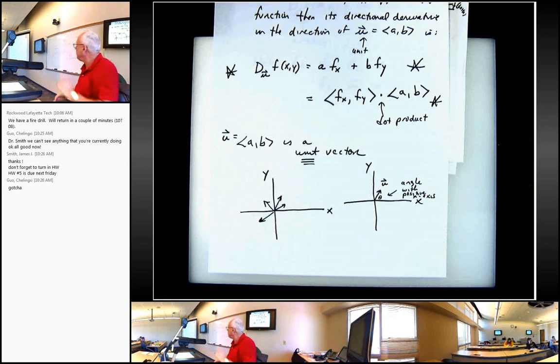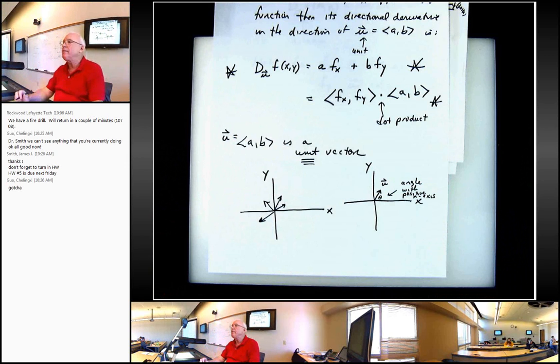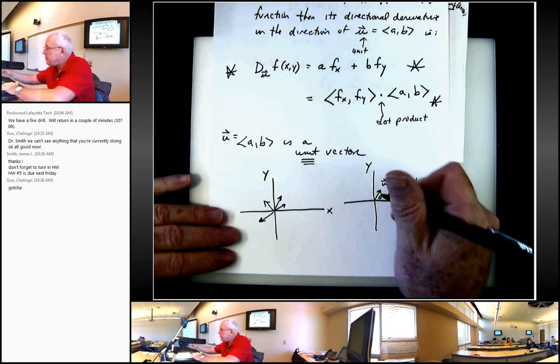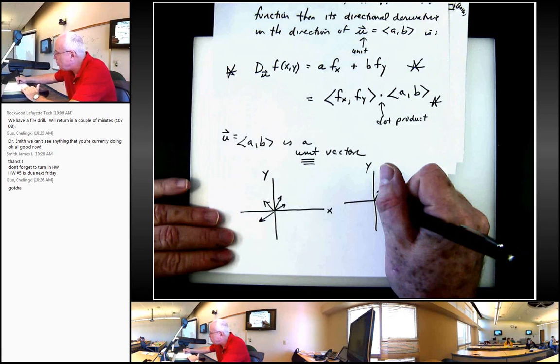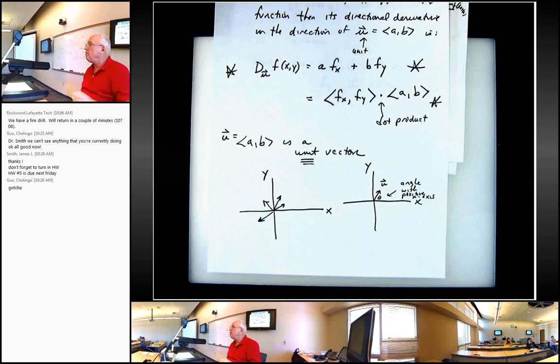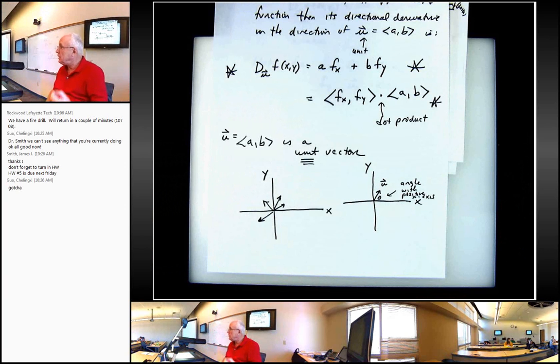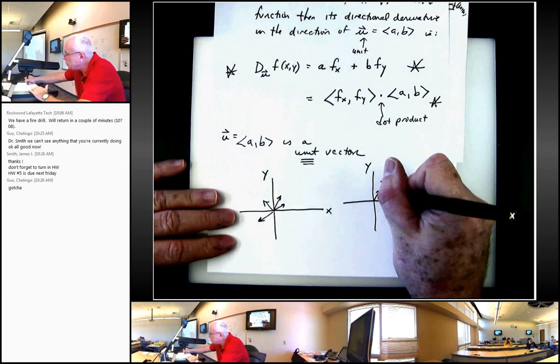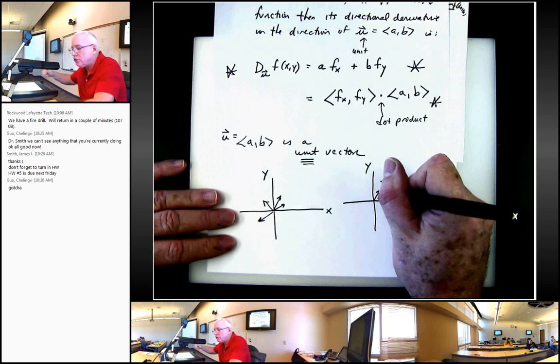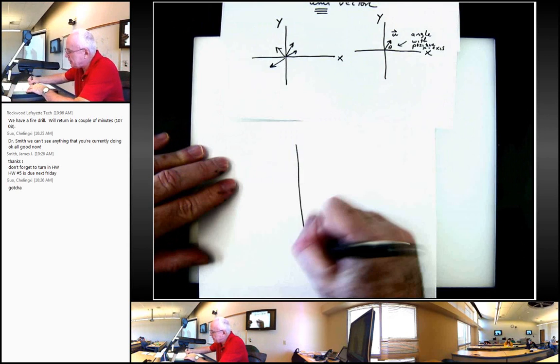All right. Now, if we have that angle, I then can get the two components of u, the x component and the y component. So remember, let me enlarge this because I'm getting too small where you can't see what I'm writing.